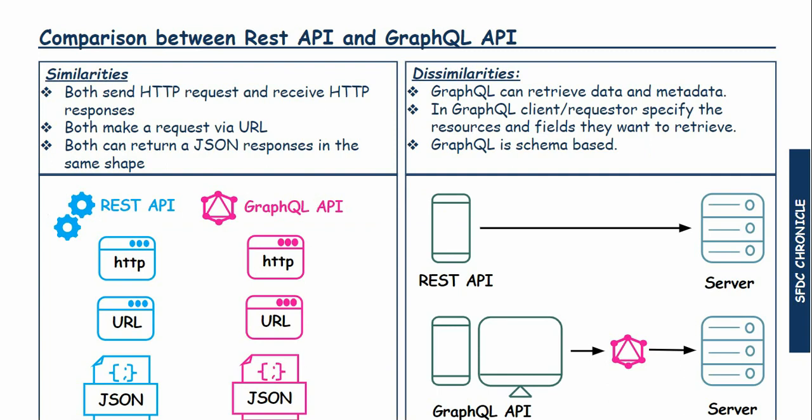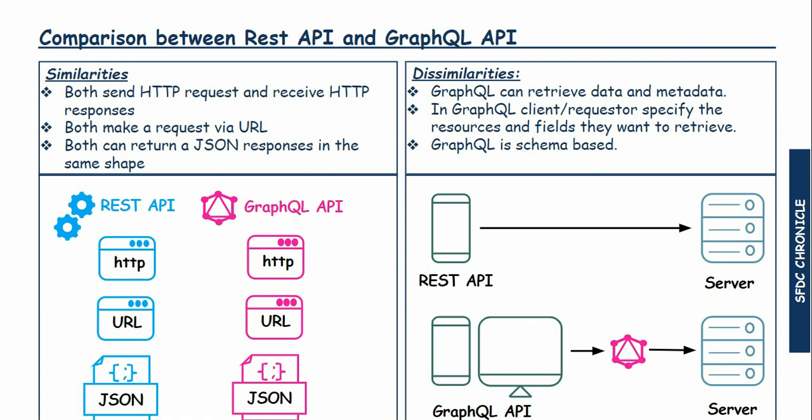They require a URL to send a request, and both receive responses in JSON format. Now, the benefit of GraphQL is that it can retrieve data as well as metadata, and GraphQL is schema based.